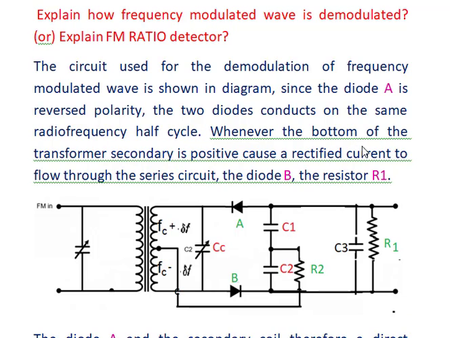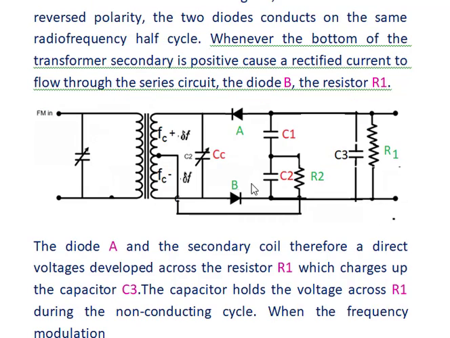Whenever the bottom of the transformer secondary is positive, it causes a rectified current to flow through the circuit. As the diode is forward biased, the current passes through and finally reaches the resistor R1. Therefore a direct voltage is developed across the resistor R1, which charges up the capacitor C3.